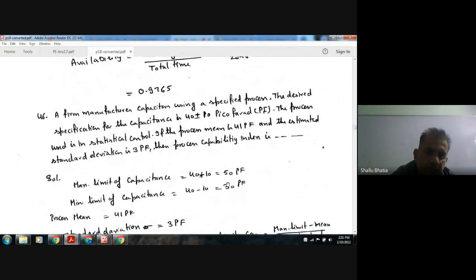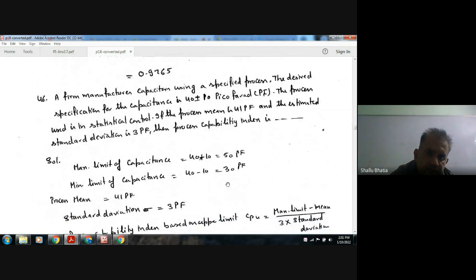Next. A firm manufactures capacitors using a specified process. The desired specification for the capacitance is 40 plus minus 10 picofarad (pF). The process used is in statistical control.